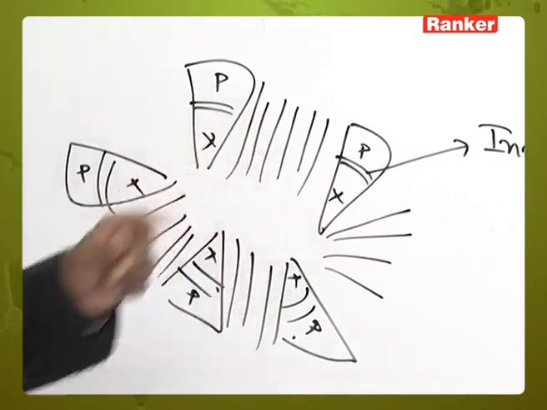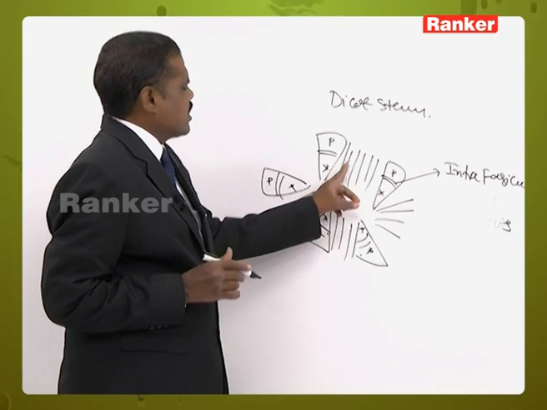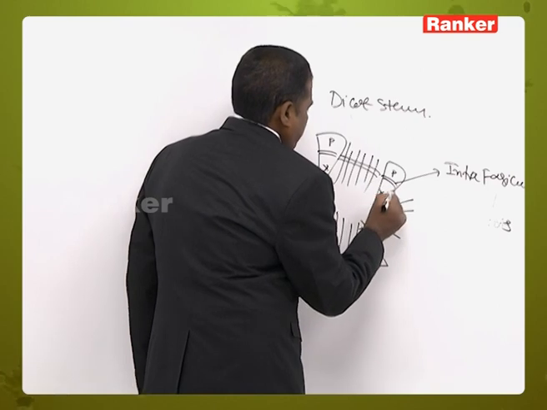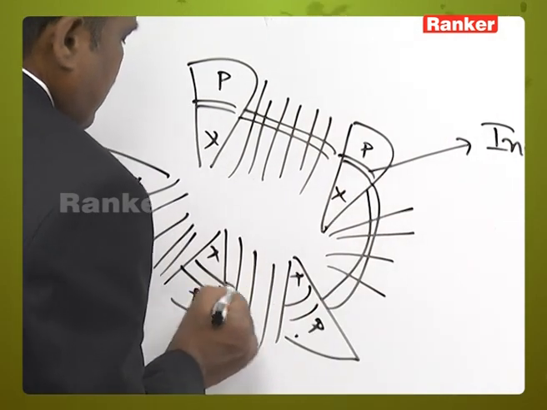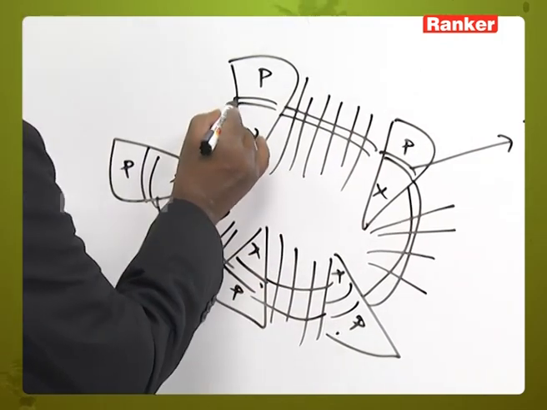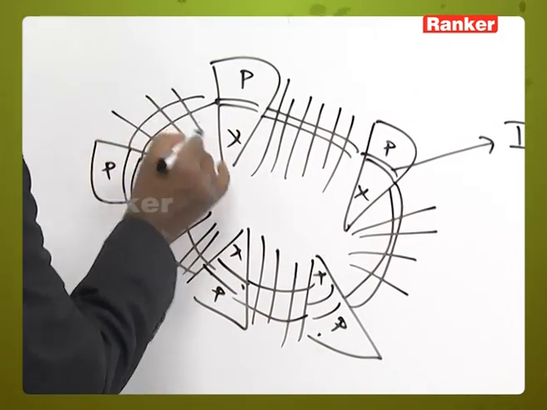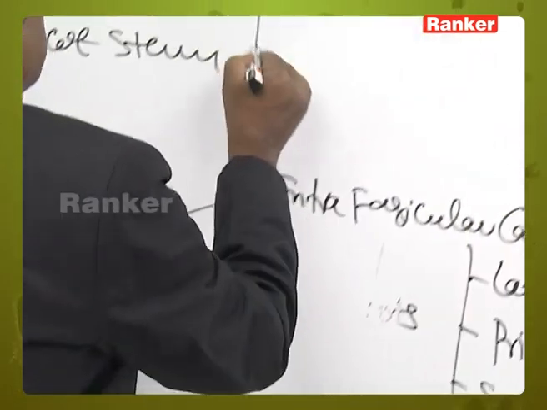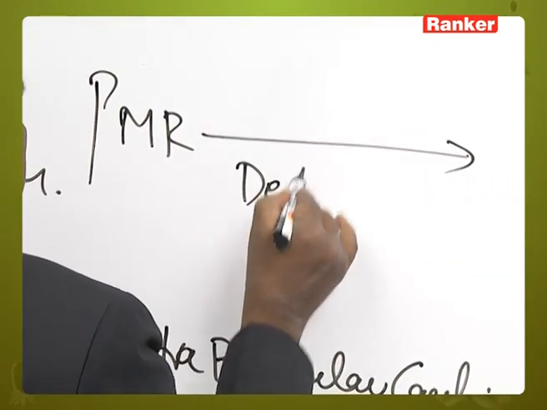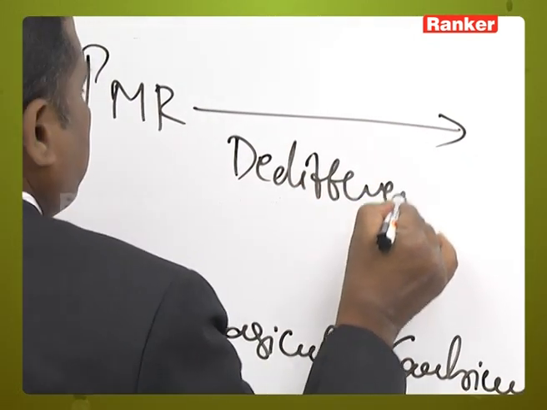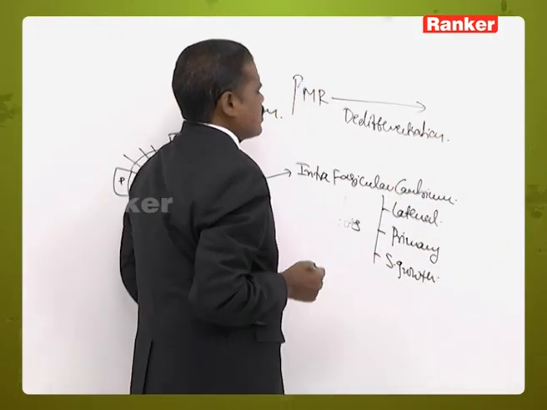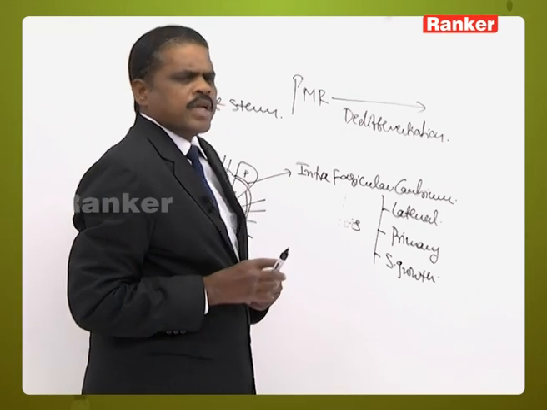The parenchyma present in the primary medullary rays undergoes dedifferentiation and produces a new cambium.